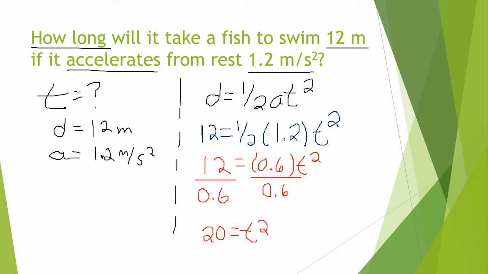Am I done? Not yet, because I'm not looking for t squared. I'm just looking for t. So to get t by itself, to get rid of the square, you've got to square root that. And when you square root t squared, you have to also square root 20. And you're going to get 4.47 seconds equals the time.